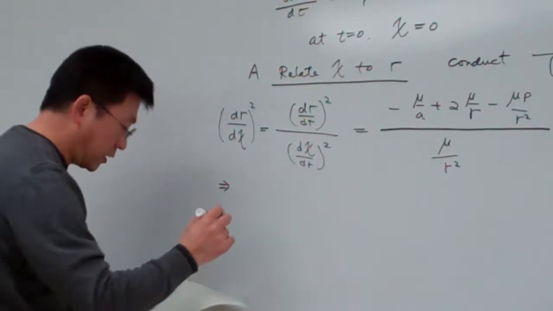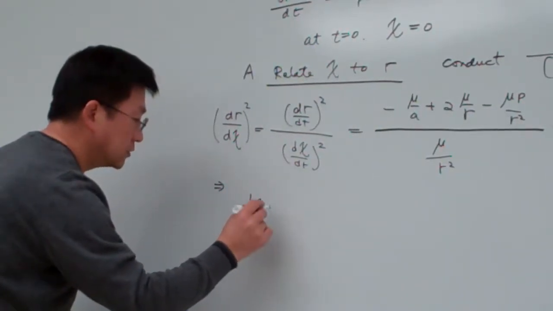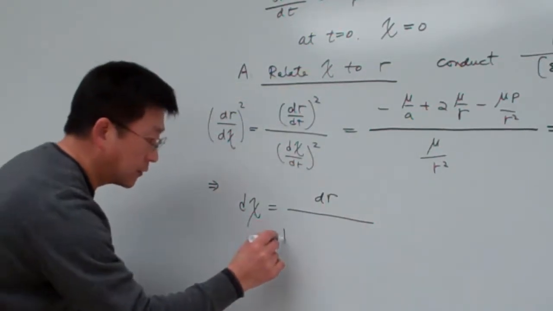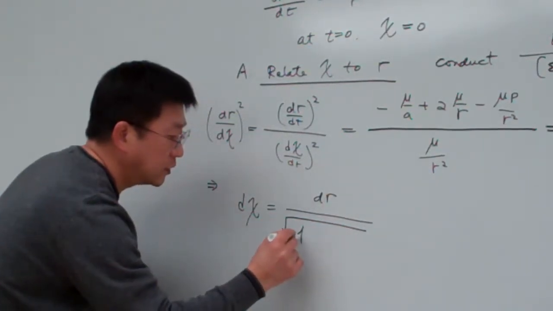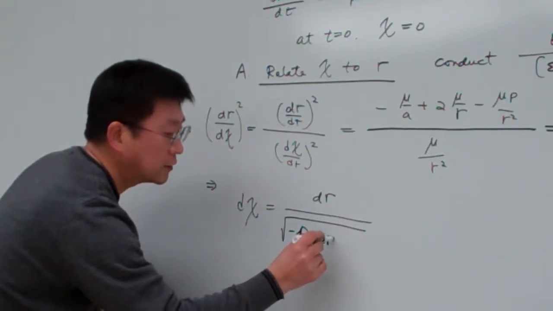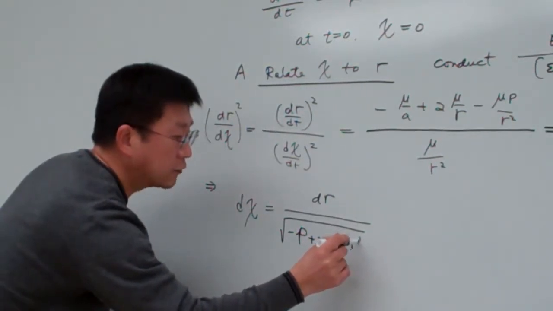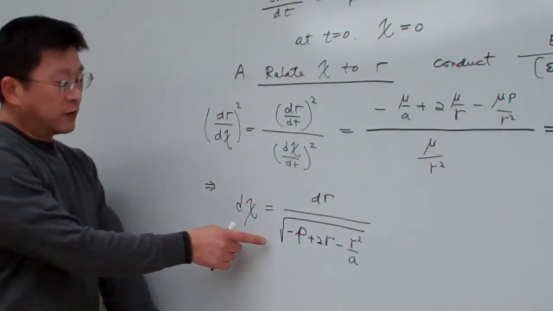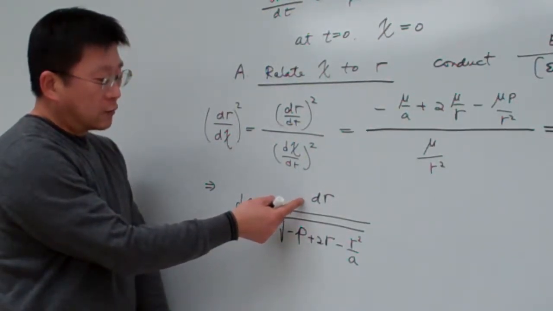So here right now again, I take the square root on this and that and rearrange. So therefore here I can have d Kc equal to dr over the square root of minus p plus 2r minus r squared over a. So we obtain this one on the right hand side.